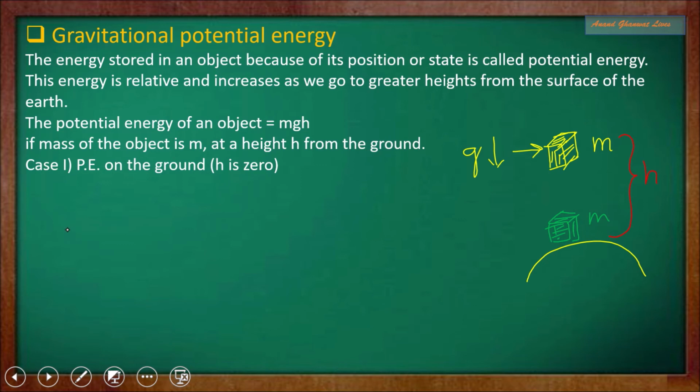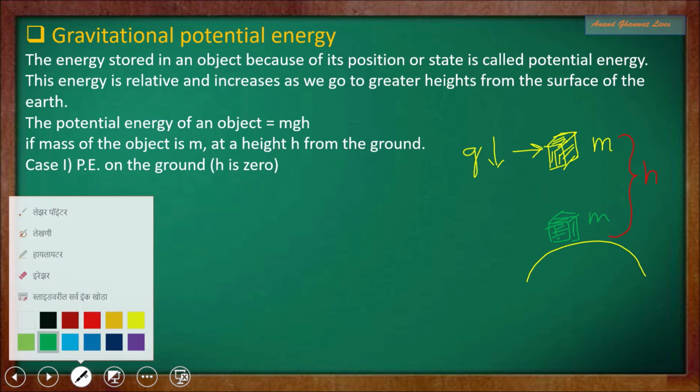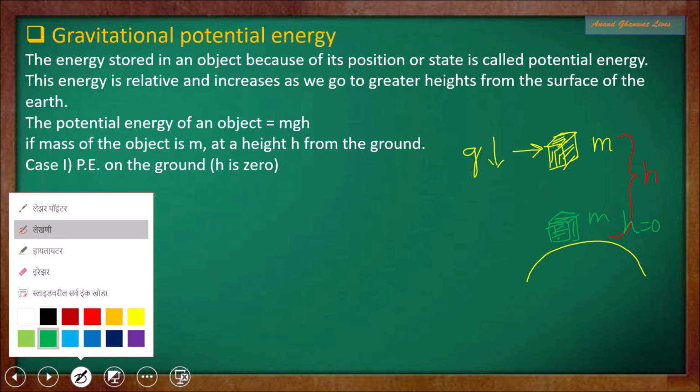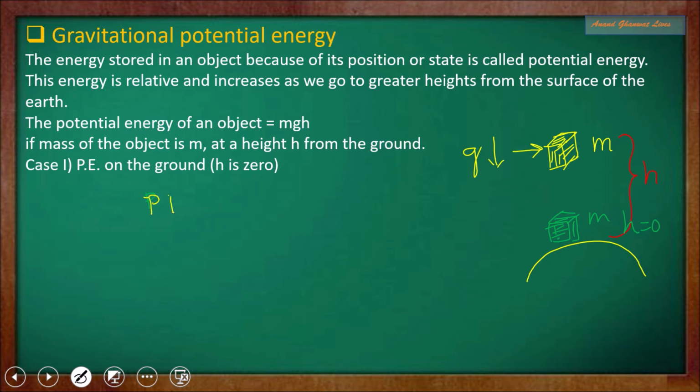So height from the surface is 0. h is equal to 0. So potential energy is equal to mgh, mass m into g into h is 0, and therefore potential energy when object is present on the ground is 0.